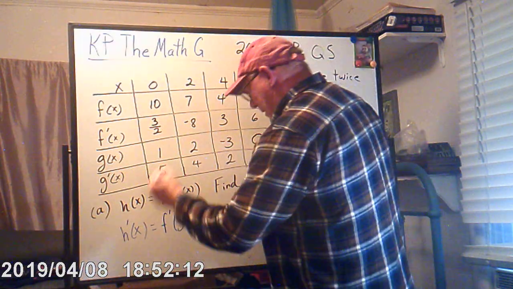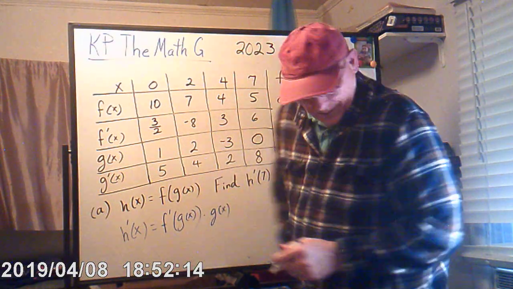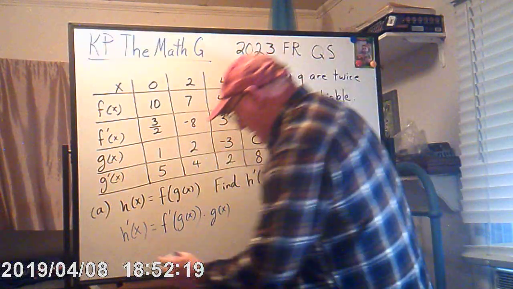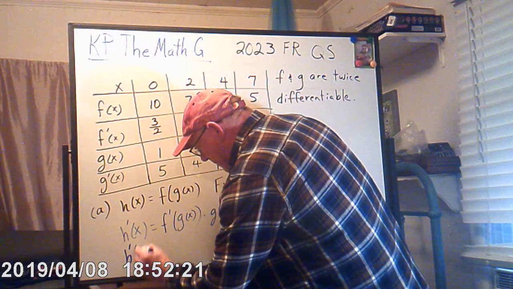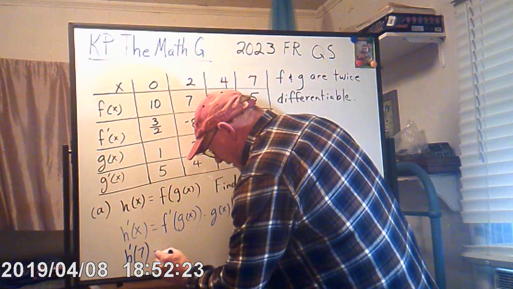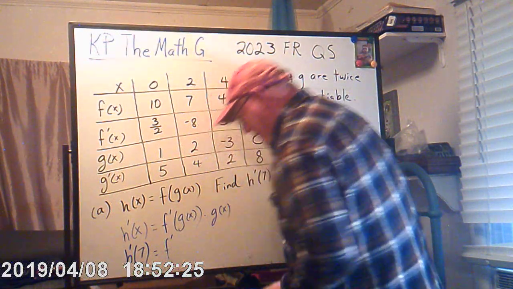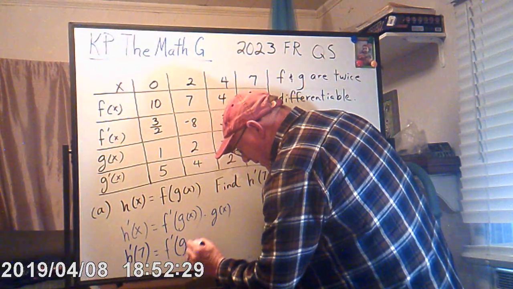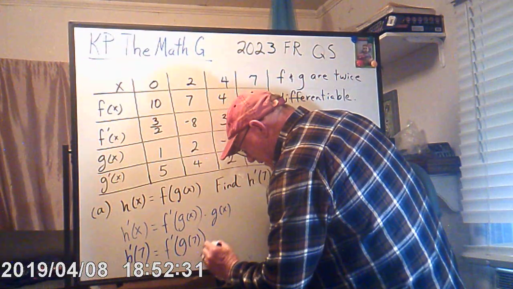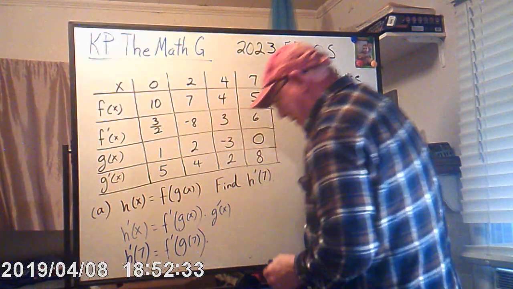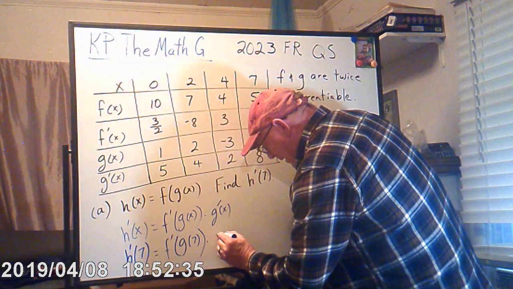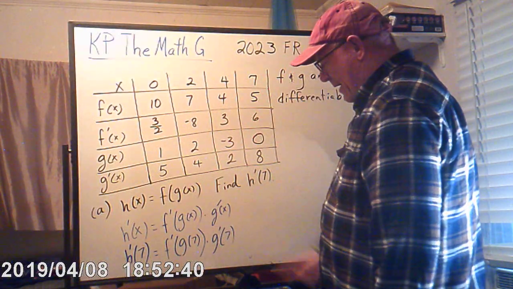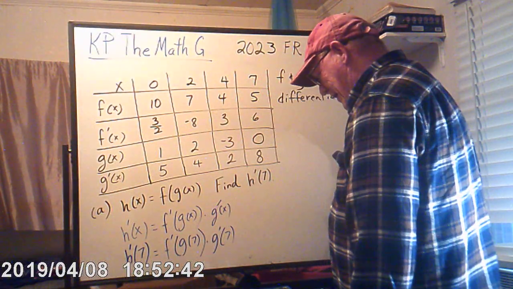We want to find H prime at 7. So H prime at 7 is F prime of G at 7 times G prime at 7. And that's how you do it right there.